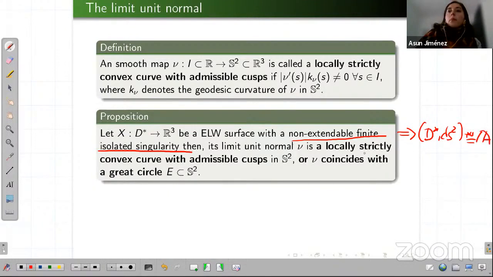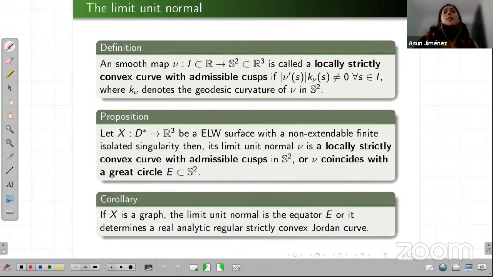So this immediately implies that you can reparameterize your surface with respect to these conformal coordinates u and v, which are defined in a certain strip. So if this is the case, then the limit unit normal is this kind of curve. This is a locally strictly convex curve with admissible cusps in the sphere, or it may be a great circle, a geodesic on the sphere, if the geodesic curvature is identically zero.